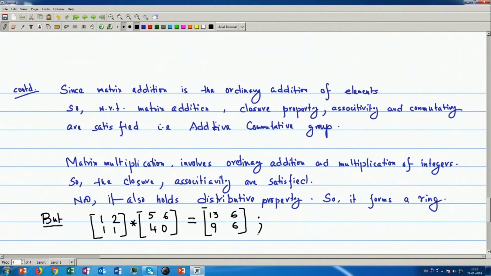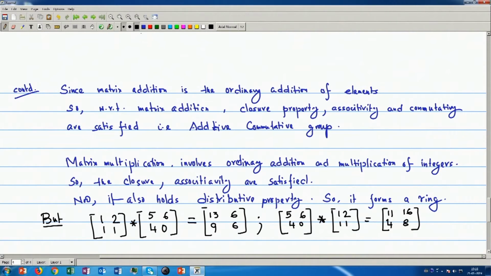Now, if we take the same matrices in different order, that means AB and BA, so 5 6 4 0 times 1 2 1 1, then we get 5 plus 6, this is 11, then 10 plus 6, it is 16, then this becomes 4 and this becomes 8.